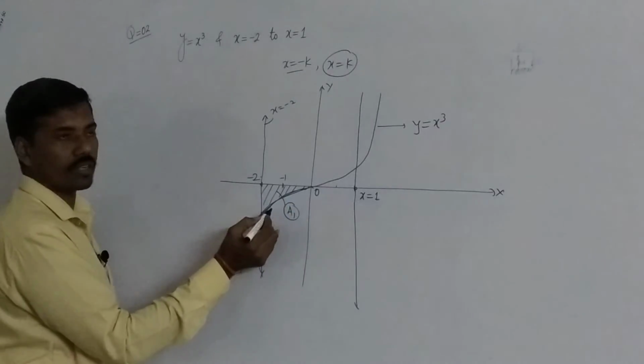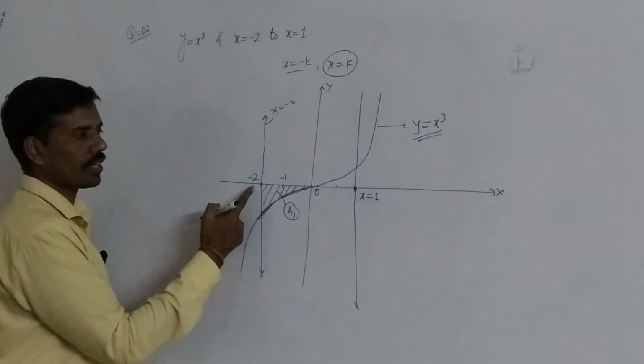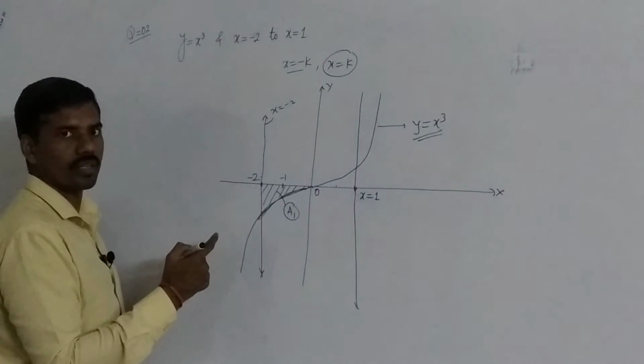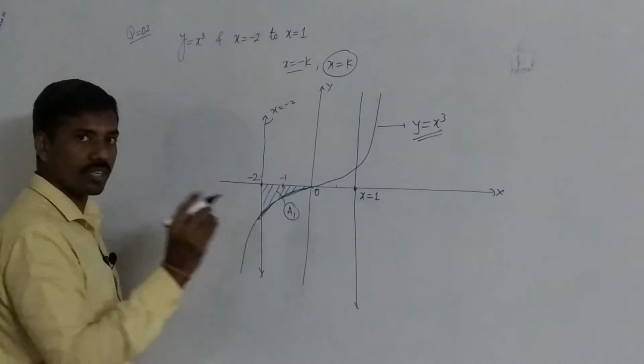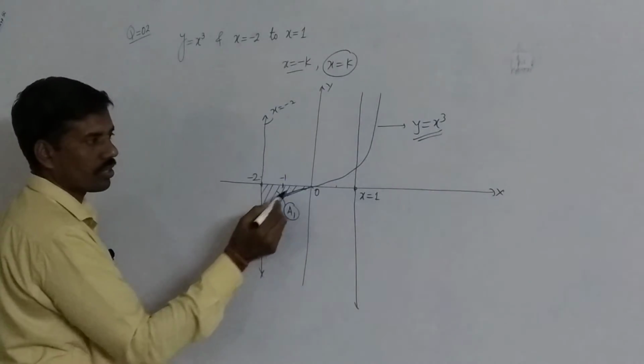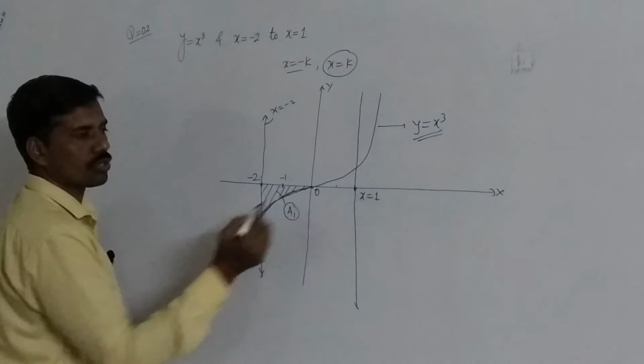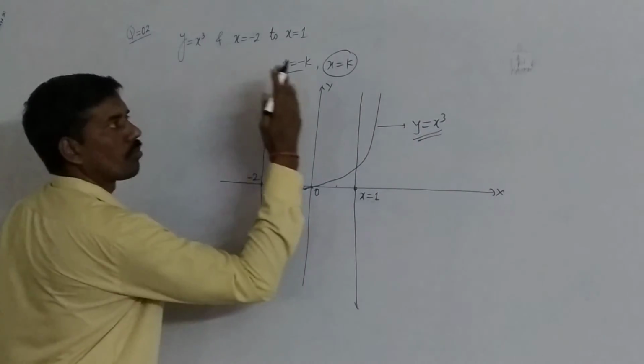And this curve is the part of y is equal to x cube, meaning x is equal to minus 2 to 0. This area A1 is made by x is equal to minus 2 and the curve y is equal to x cube and x is equal to 0. Okay, that is the y axis.